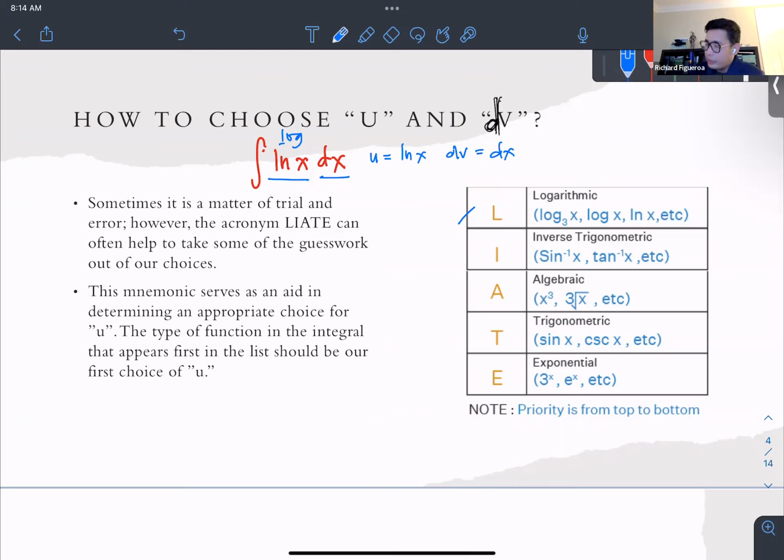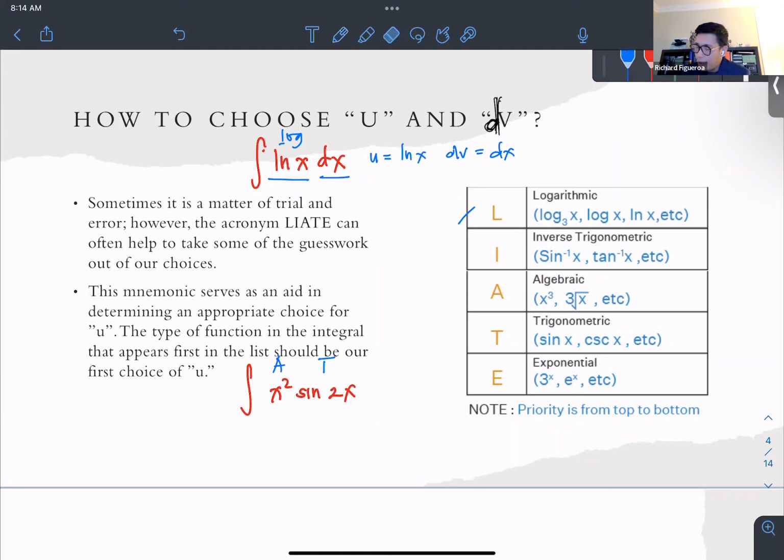Let's say we have the integral of x squared sine 2x. x squared is algebraic and sine 2x is trigonometric.